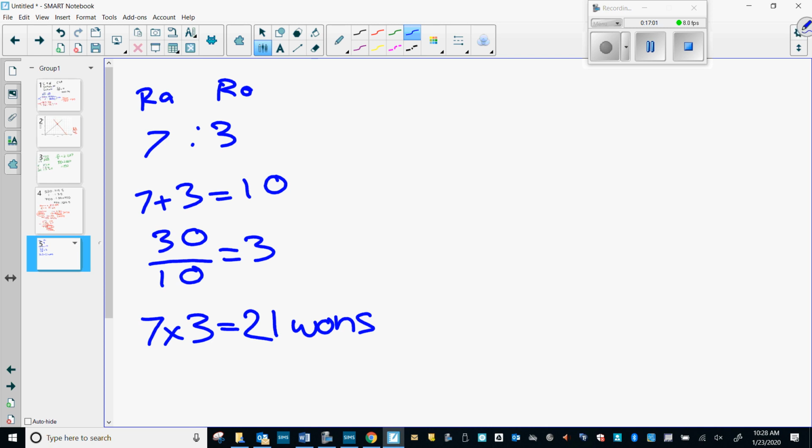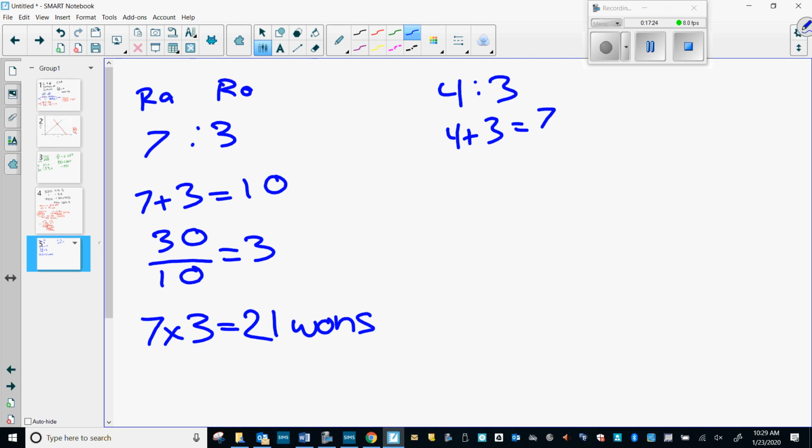And part B: in the school, there are 75 girls on the tennis squad. The ratio of the number of boys in the tennis squad to the number of girls is 4 to 3. So if you add those, 4 plus 3 gives you 7.